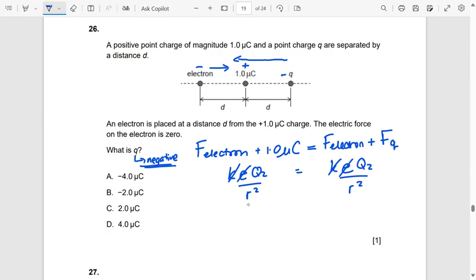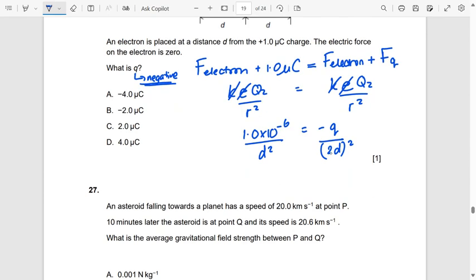So now what I've got is 1 times 10 to the minus 6 coulombs divided by the distance between the electron and the 1, that's d squared, is equal to minus Q divided by the distance from minus Q to the electron, which is d plus d, 2d, all squared. So, which goes to minus Q over 4d squared.